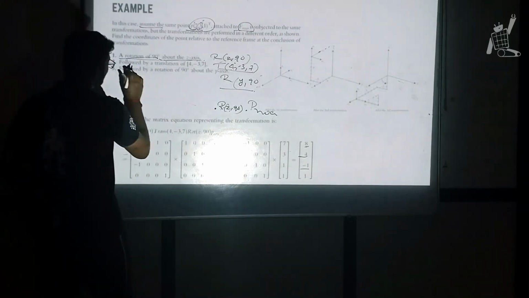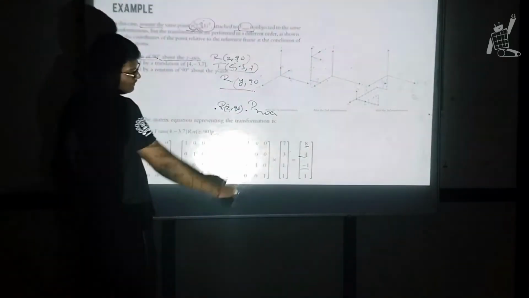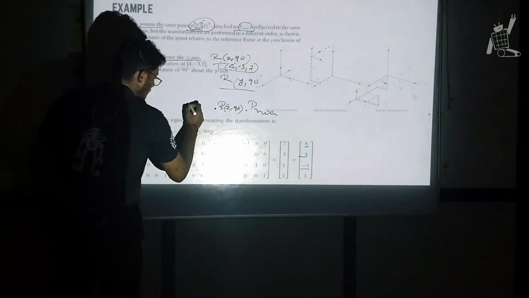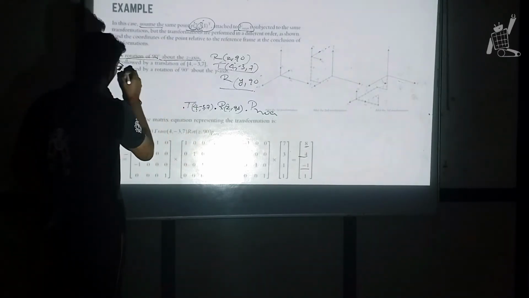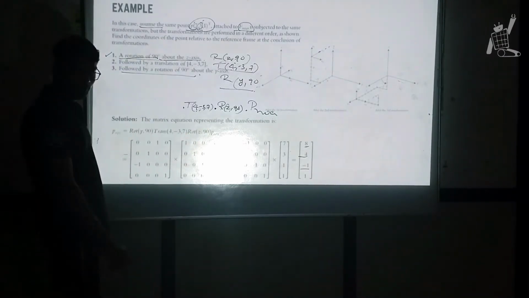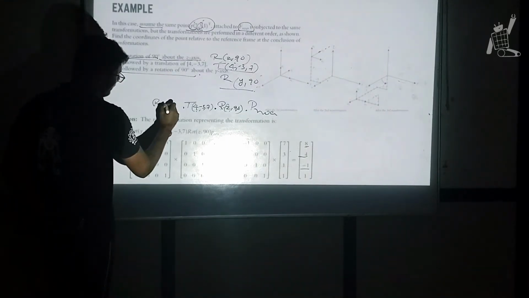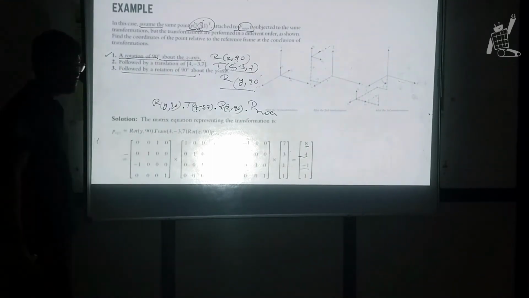Next will be followed by the translation 4 minus 3 7, pre-multiplied. Again, last will be rotation about y 90 degrees. That is also pre-multiplied.